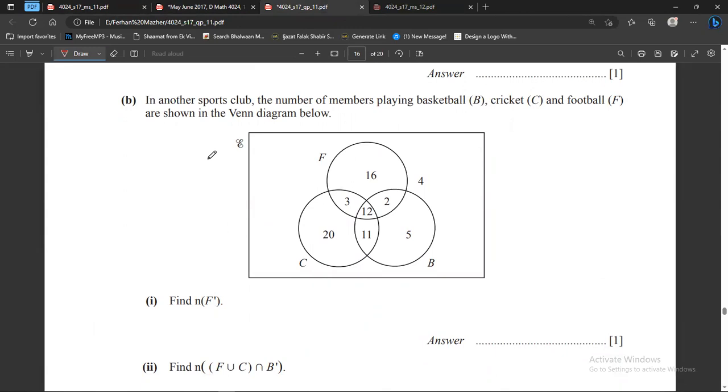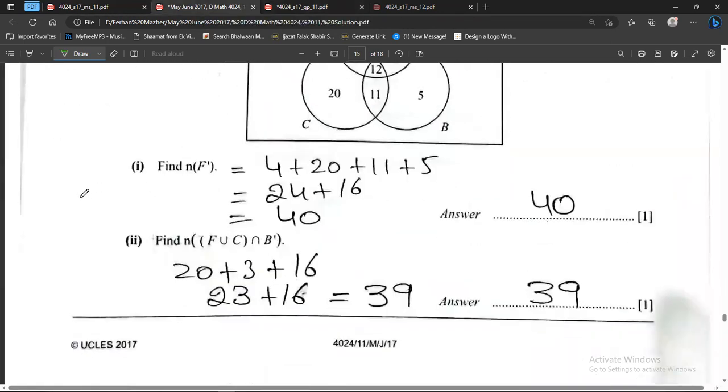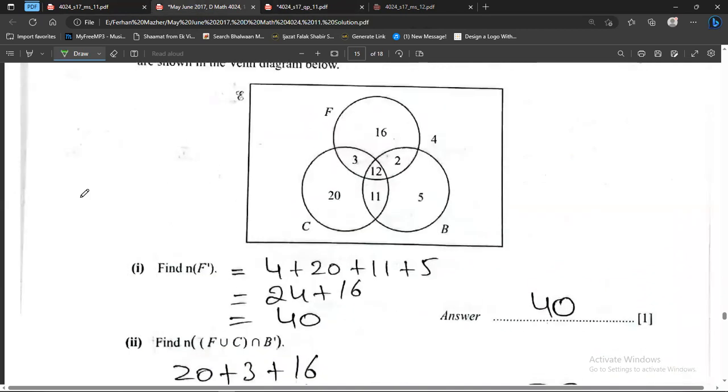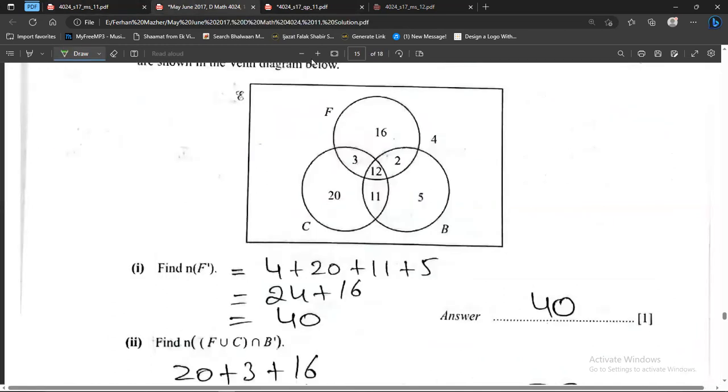Number of members in the F complement means other than F, how many are they? They are 4 plus 5 plus 11 plus 20. So F complement will be 4 plus 20 plus 11 plus 5. That will be 40. That's the right answer, sir.